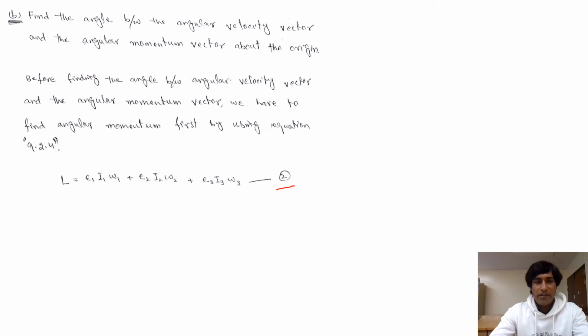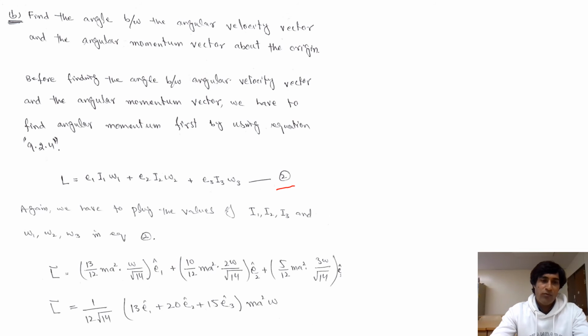The equation is that angular momentum is equal to E1 I1 omega 1 plus E2 I2 omega 2 plus E3 I3 omega 3. Again we have to plug the values of I1, I2, I3 and omega 1, omega 2 and omega 3 into equation 2 to find the angular momentum.